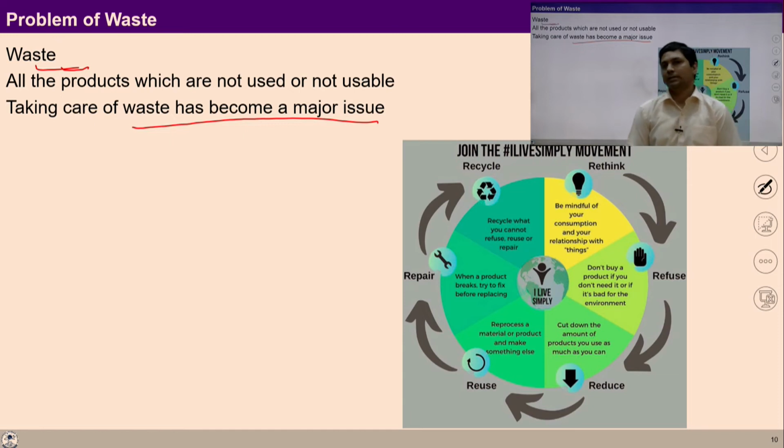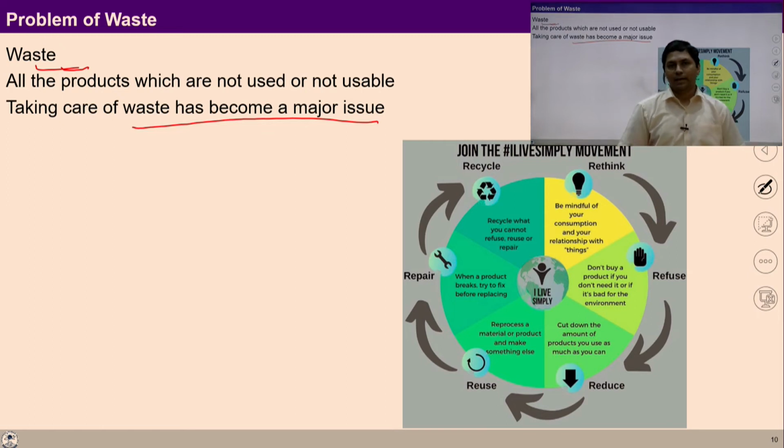You can easily see in the cities, in the mega cities which are considered highly developed, in those cities this waste has become a major concern. And this waste exists because we are not producing things in alignment with the rest of the three orders.